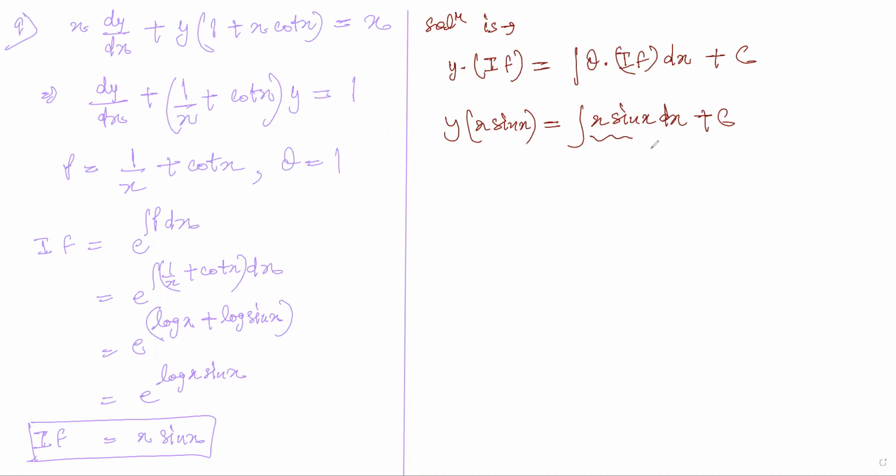There are two functions involved. Take one, apply by parts, and you'll be able to solve it. So this is xy sin x is equals to, this is first function and this is second function. So first as it is, integration of second, which is minus cos x, minus differentiation of first, which is 1, integration of second, which is minus cos x.